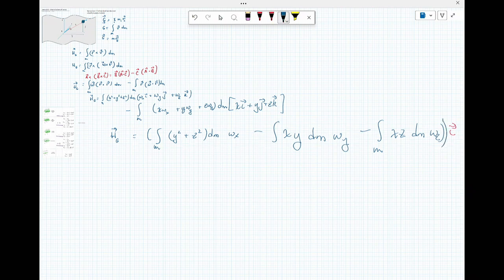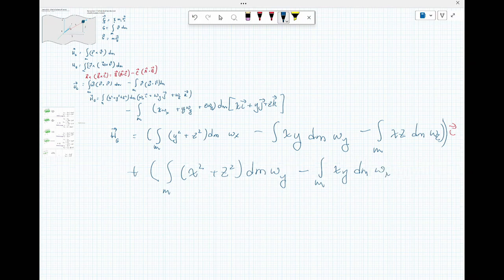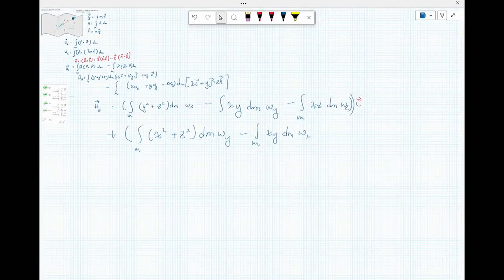I'm just going to flip this around, so I just have to write one term, i, plus the integral over m of x squared plus z squared dm omega y minus the integral of mass xy dm omega x, minus the integral of yz dm omega z. And that is in the j direction.